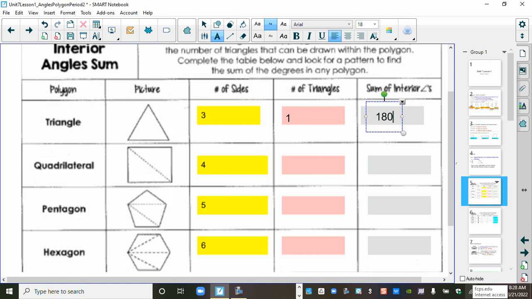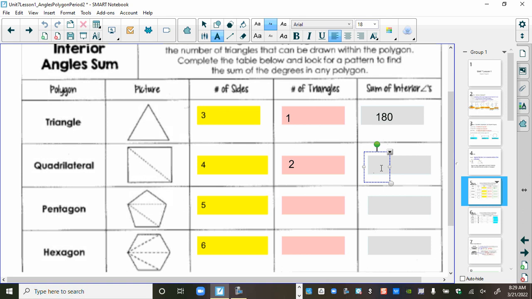Now, we look at the next problem. Quadrilateral. Well, how many triangles do we see in that quadrilateral? 2. If we see two triangles, then how many degrees? So if one triangle is 180, that means two triangles is how many degrees?